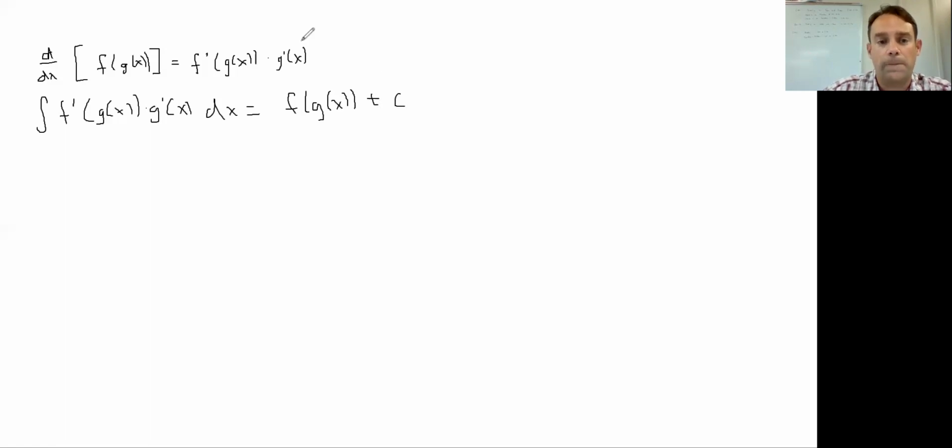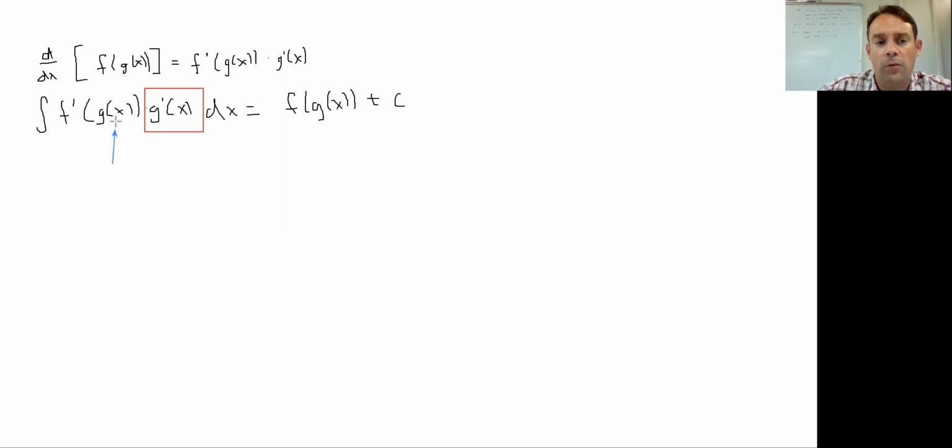They undo each other. But the question I got then is, okay, I know where the dx goes. That's just saying I'm doing the derivative with respect to x. Whatever happened to g prime of x? Where'd that go? So let's see if we can figure out what happened to it, because it just can't go anywhere.